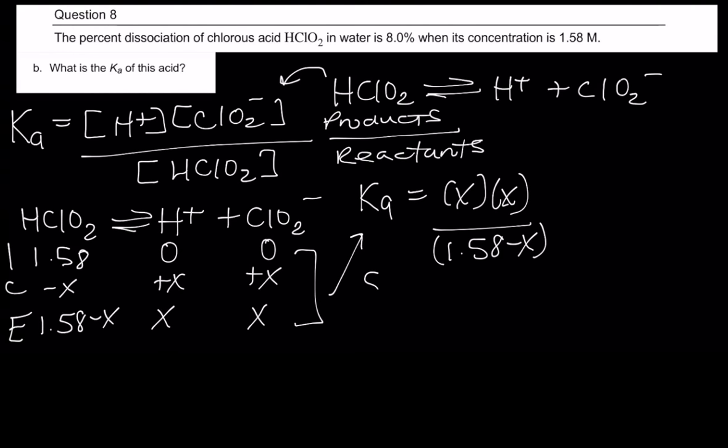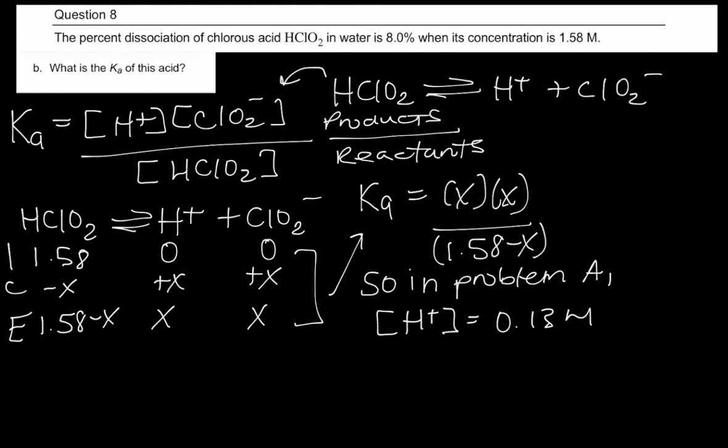So from work calculated in problem A, we found that the concentration of H plus was equal to 0.13 molar, which is equal to X. And we can just sub in the value of X into the equilibrium expression.